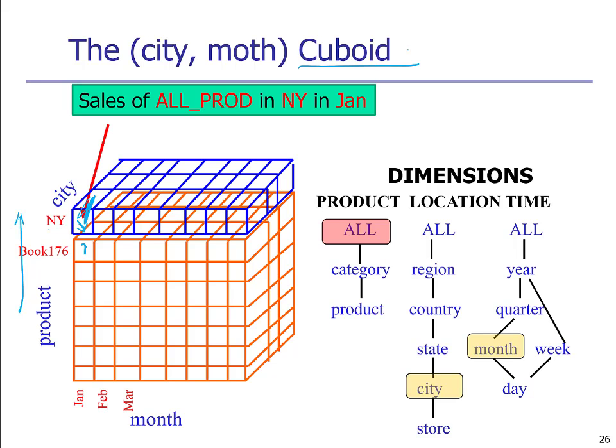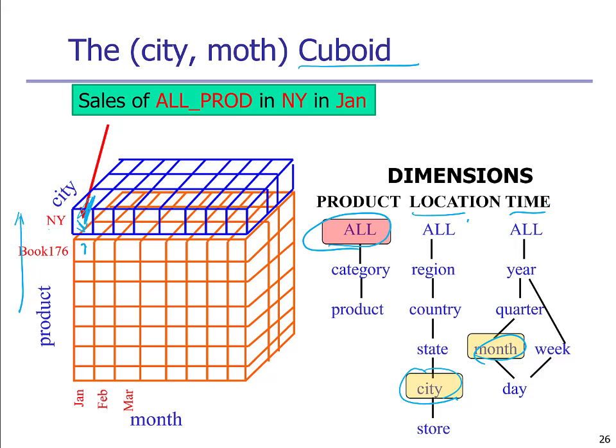So basically speaking, each cuboid corresponds to a specific level in each dimension. For example, this blue cuboid corresponds to all in the product dimension, city in the location dimension, and month in the time dimension.